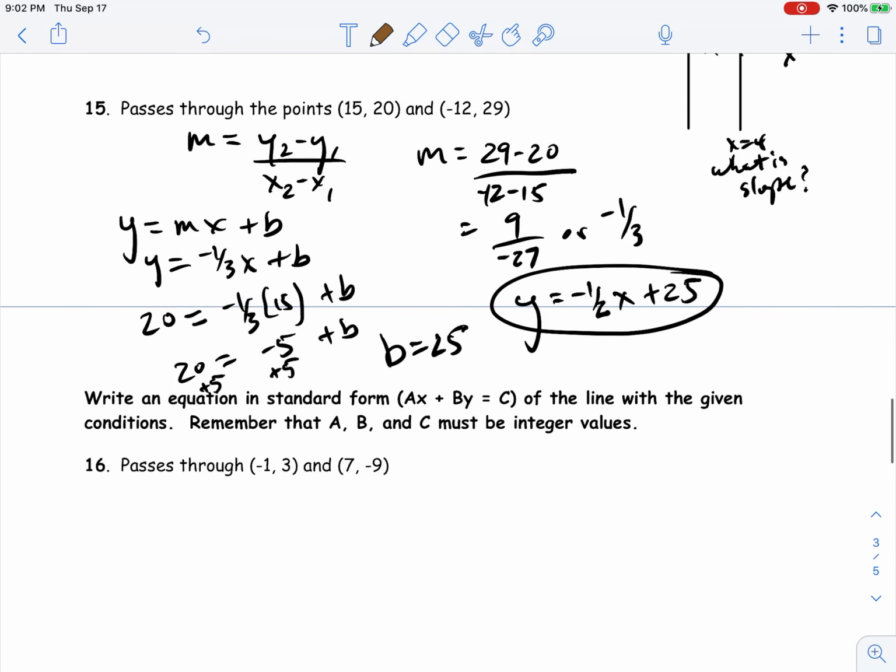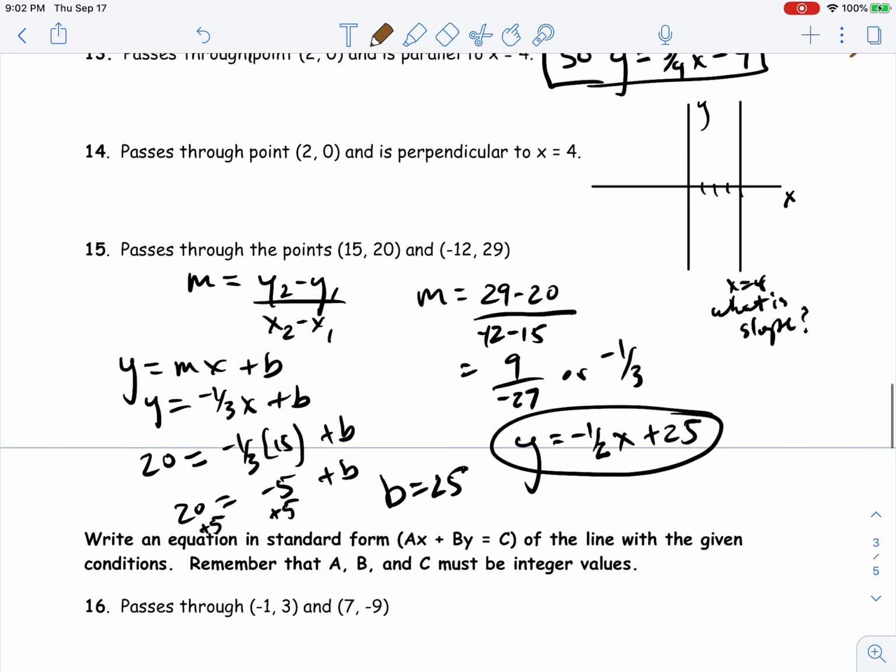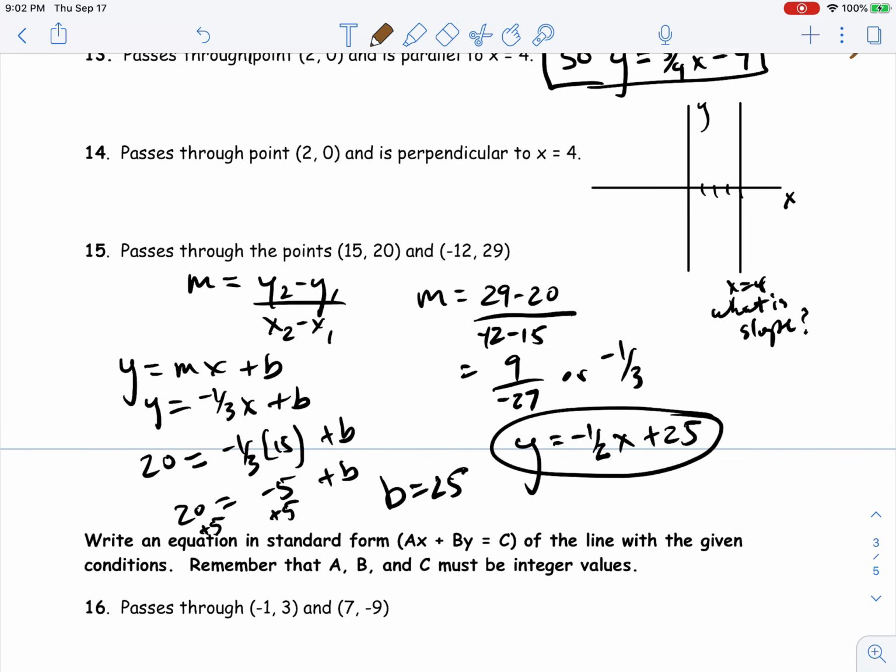In number 15, and this will be one of the last ones that we do, what I want to remind you about is that when you are given 2 points and neither of them are really an x-intercept or y-intercept, I think the easiest thing to do is remember that slope is the change in y over the change in x, or the rise over the run.